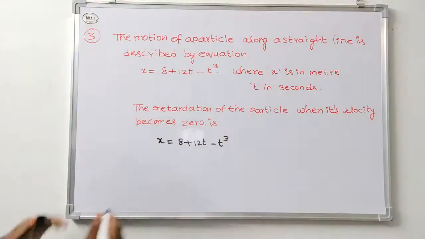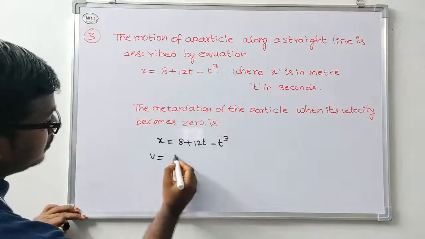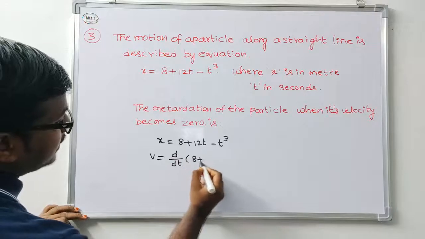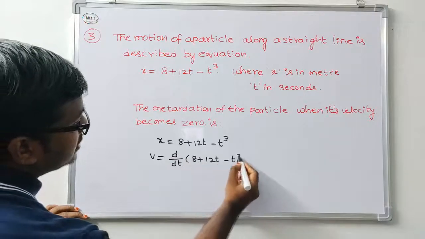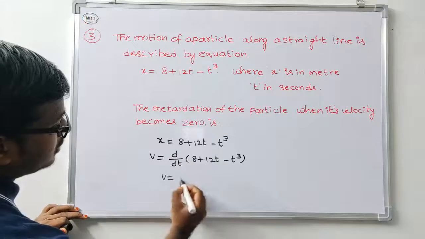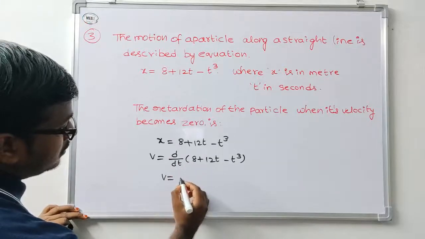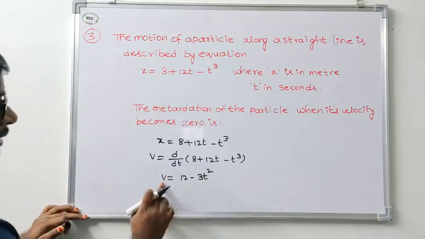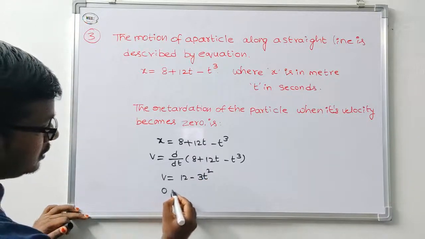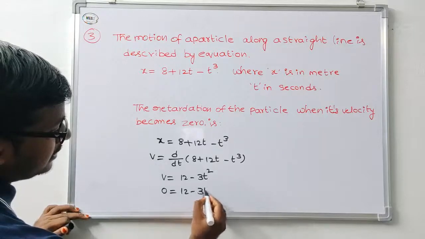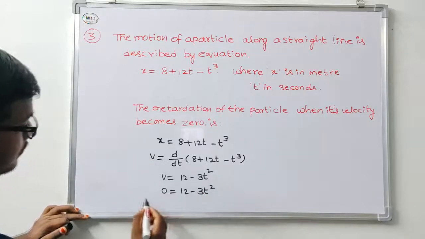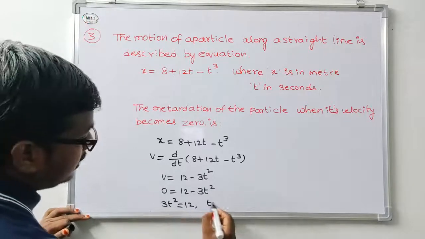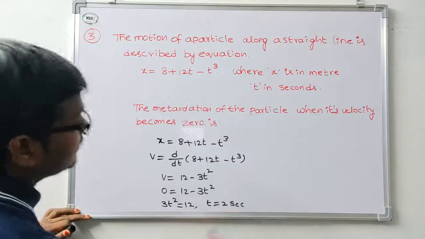Then v = d/dt of (8 + 12t − t³), so v = 12 − 3t². The final velocity will be 0, so 0 = 12 − 3t². Then 3t² = 12, and t = 2 seconds.